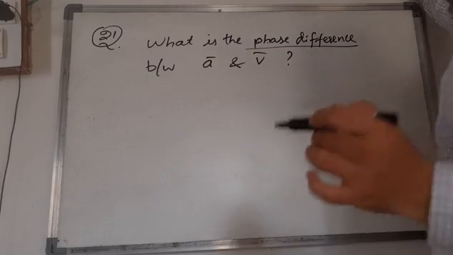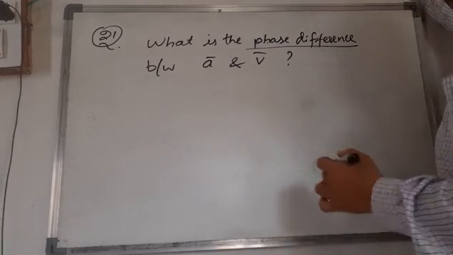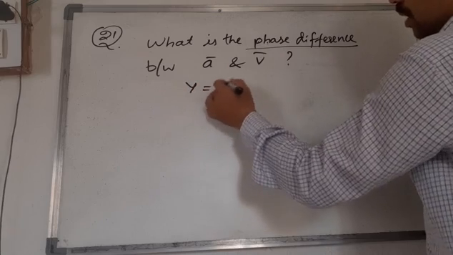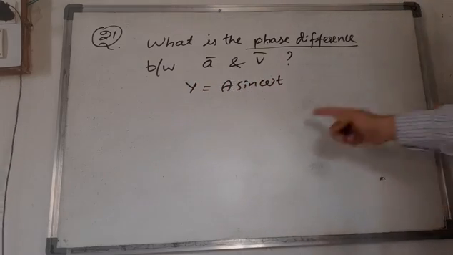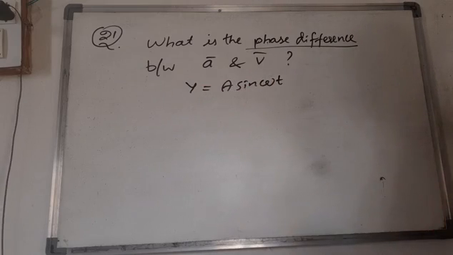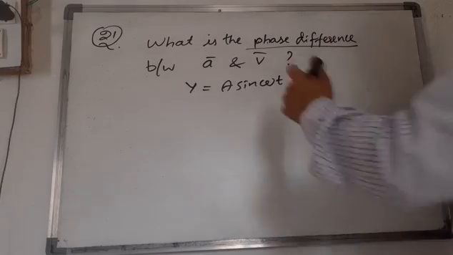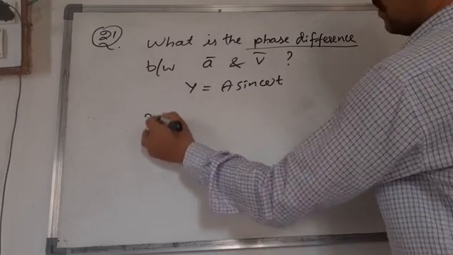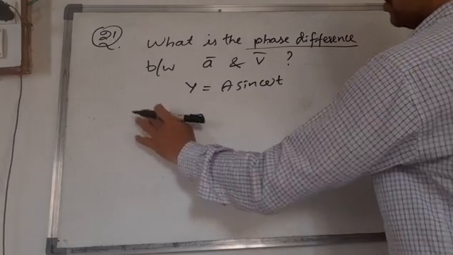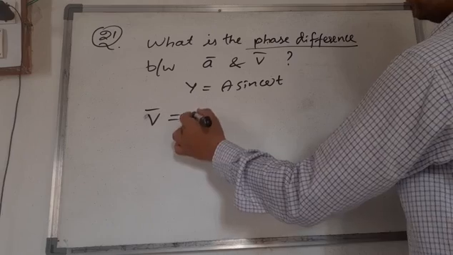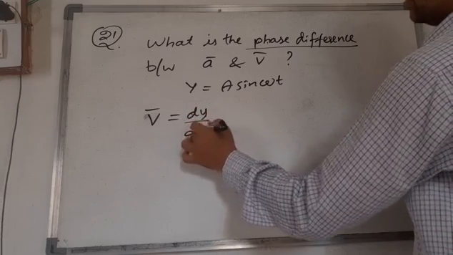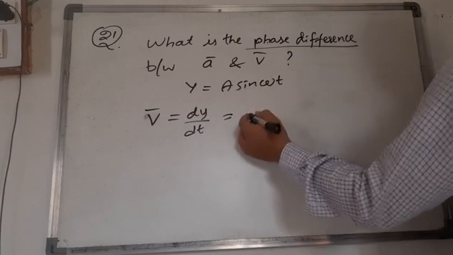He has already given that displacement y is equal to a sin omega t. This is our displacement as usual, simple harmonic motion displacement. Now I want velocity. Velocity is equal to dy by dt.